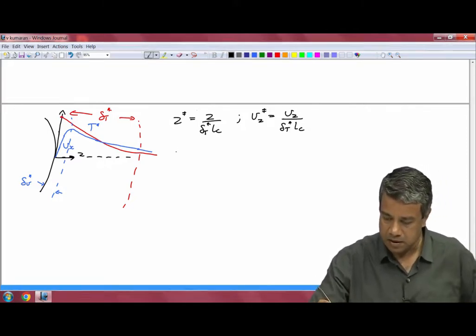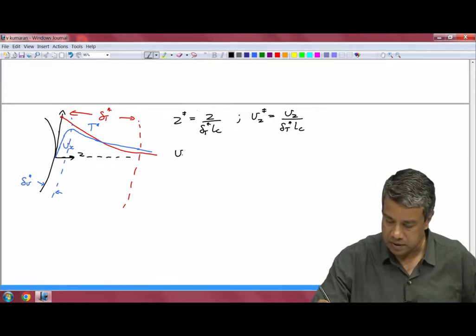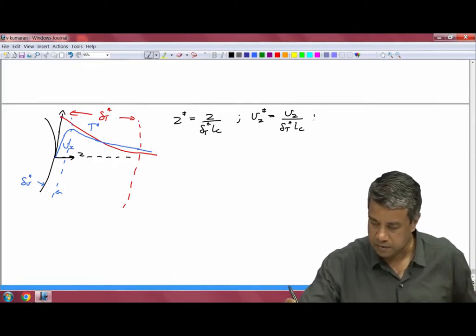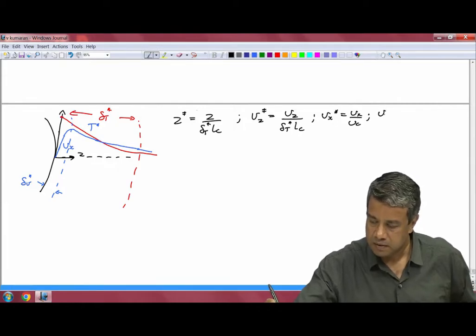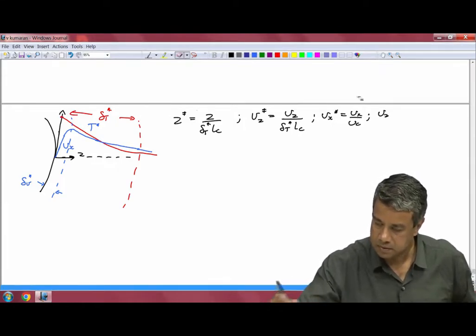So, my energy equation, let me just write it in original form. Vx star is equal to Vx by Vc, sorry, x star.